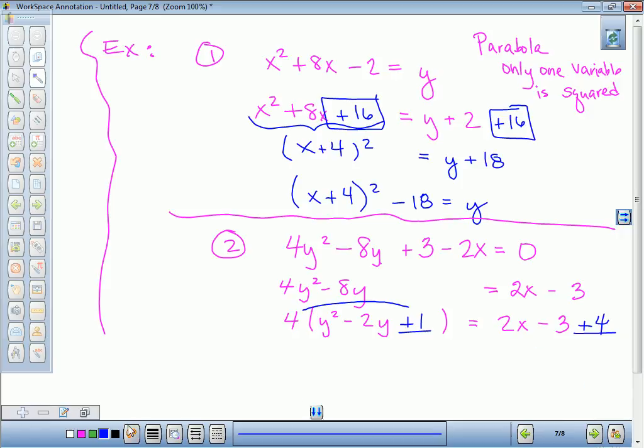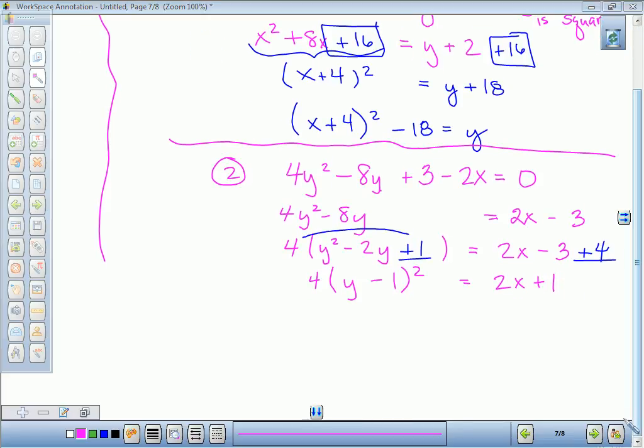So now, when I factor this perfect square trinomial, it factors to a binomial squared. What is it? Y minus 1. I didn't get this right. Oh, I did. Wait. No, I didn't. I'm kind of stuck there. Okay. Well, now we gotta get it to where it's x equals. We gotta get the x by itself.